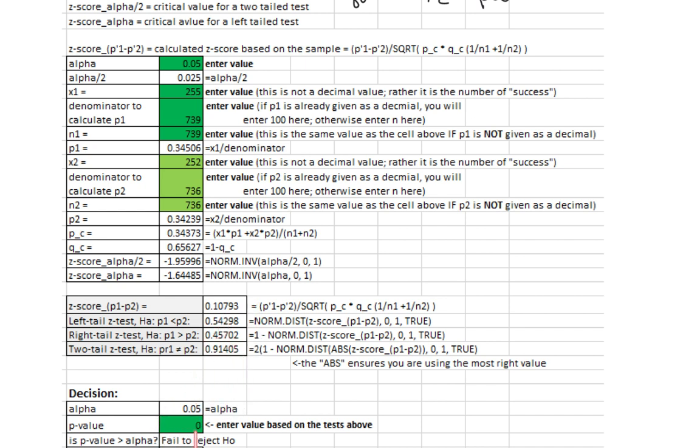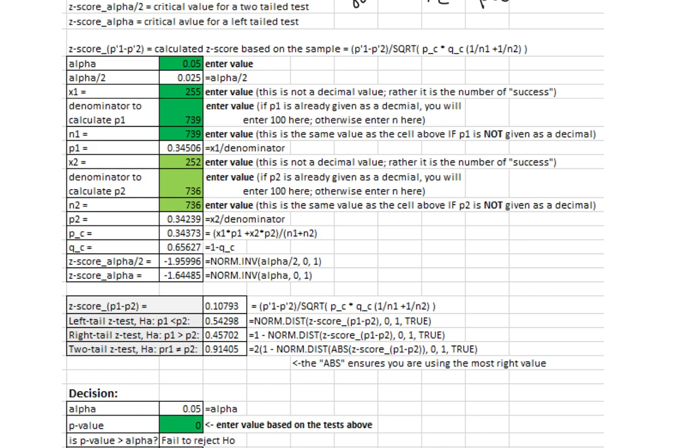And then I would put in my appropriate p-value here. Now, you notice on this, I didn't actually grab and put in the appropriate one. So say that it is this example, not the one up above. Say this example was a left-tailed test. I would have grabbed this and I would have put the 0.54, so I would have put that number in right there. So that is the spreadsheet.